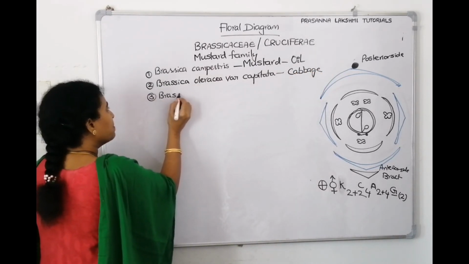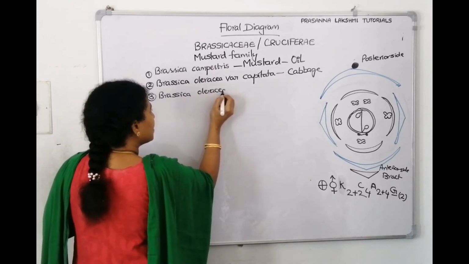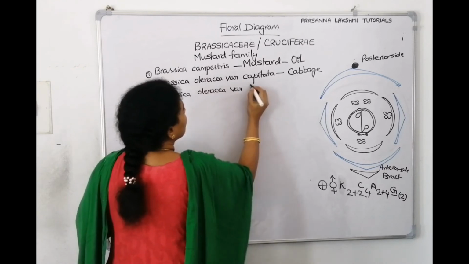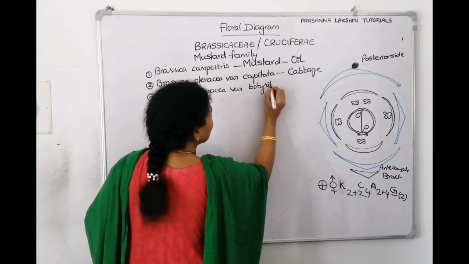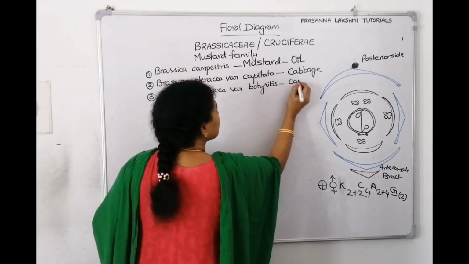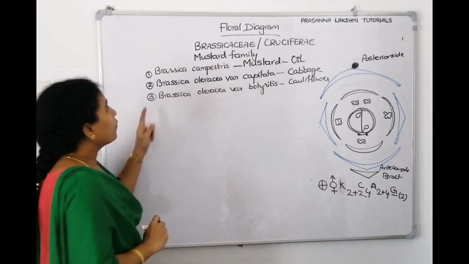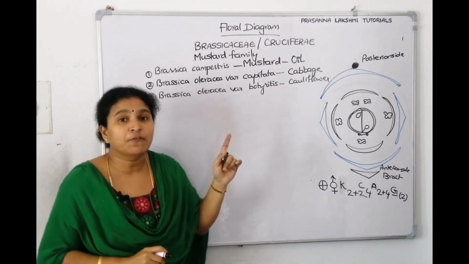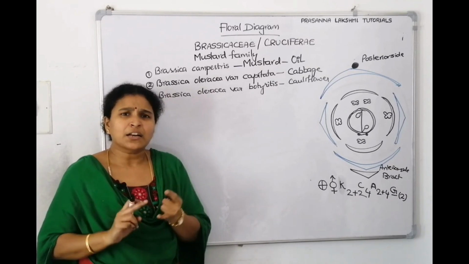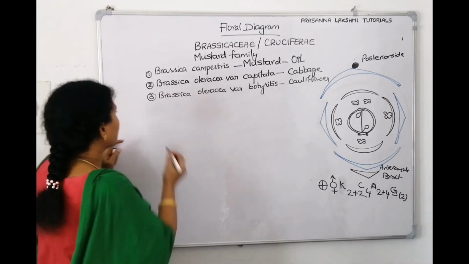It is Brassica oleracea, again variety, it is botrytis. It is cauliflower. This is also a vegetable. From one, mustard oil we are extracting. From the second one, it is cabbage, and the third one is cauliflower. So these are vegetables. Next, Raphanus sativus, like the turnip under root modification we have seen. That is also a vegetable, comes here only.